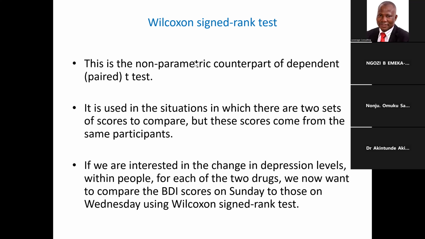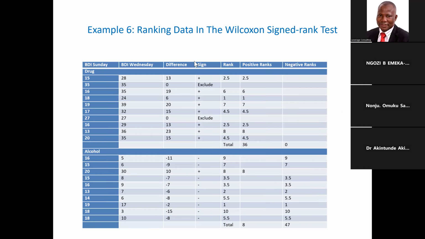Both of them have rank. You rank them. That one is sum, summation; this one is sign. The sign he's talking about here is plus or minus. So for the paired one, it is about the plus or minus sign. Which one is higher? If you subtract something higher from something smaller, it gives you a negative sign. If you subtract something smaller from something higher, it gives you a positive sign. That's what it's saying.